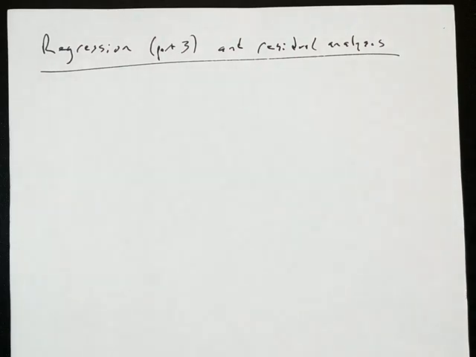What was our definition of a residual again? That's our coefficient of determination. That's our R squared. Now I'm looking at the residual for each data value.